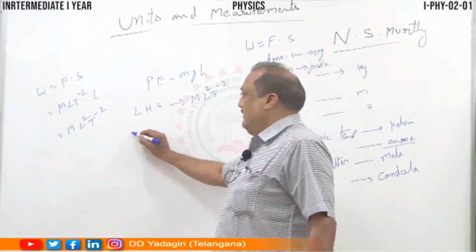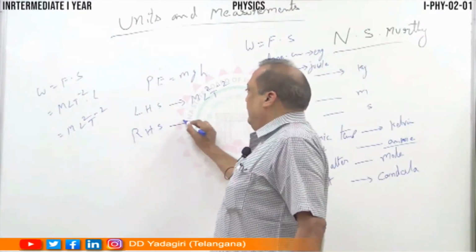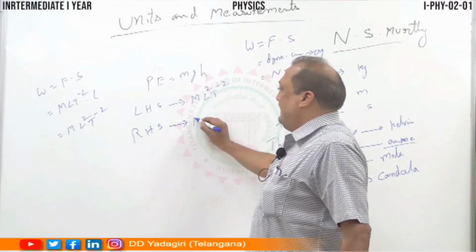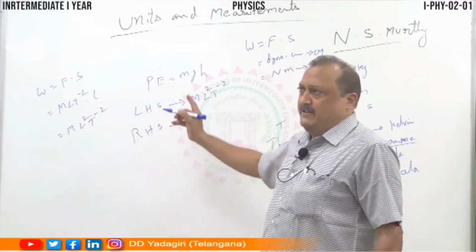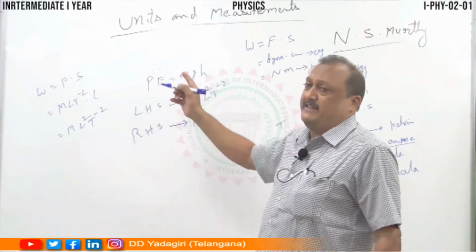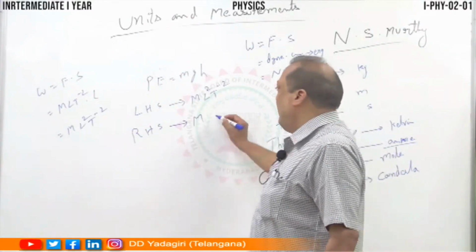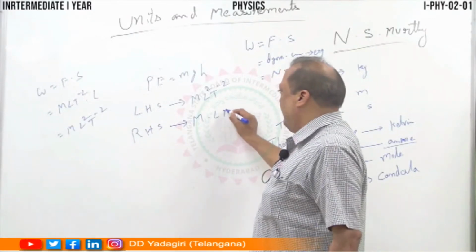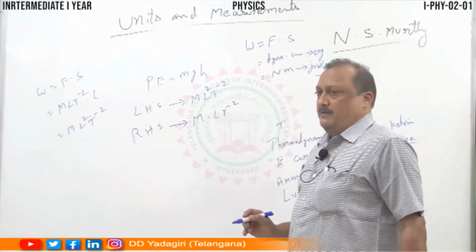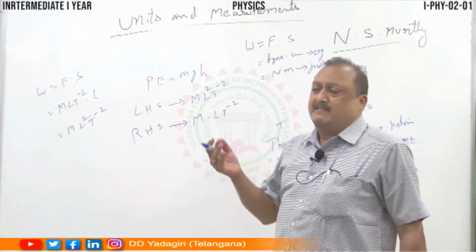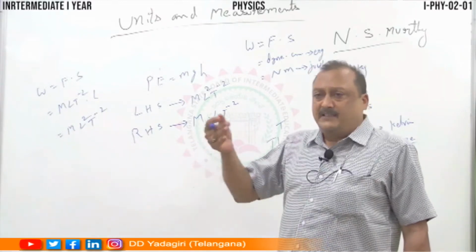We can check. On the right hand side, the dimension formula for mass is M. The dimensional formula for g, acceleration due to gravity, is here. Acceleration and acceleration due to gravity have the same dimension formula, that is L T minus 2. Because acceleration is velocity by time, and velocity is displacement by time.